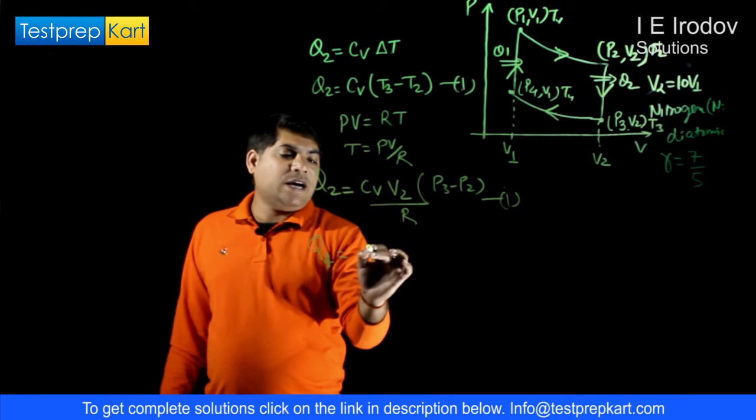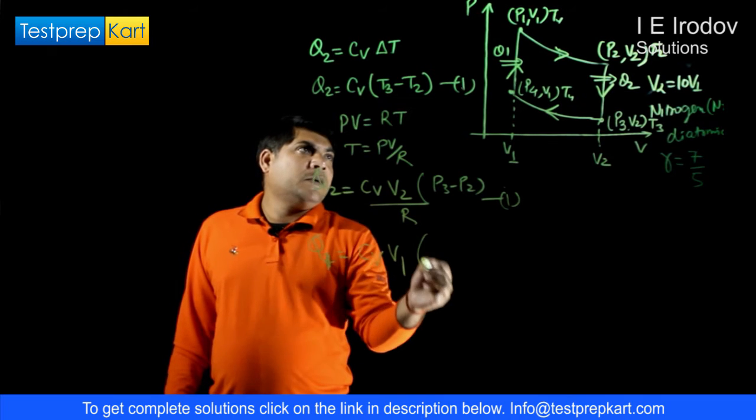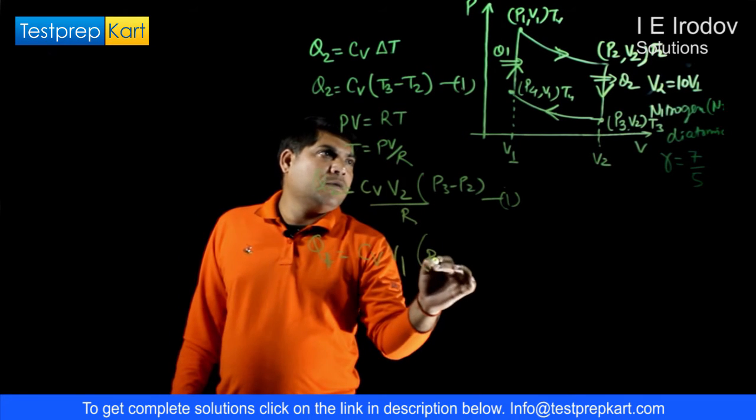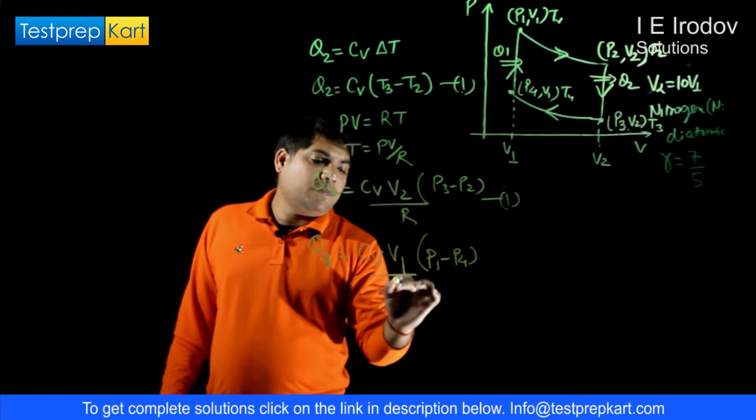Here CV, volume is V1, and pressure is changing from P4 to P1, so we write (P1 minus P4) upon R.